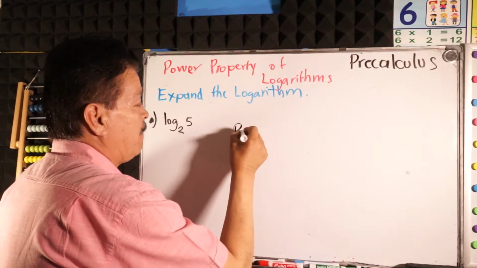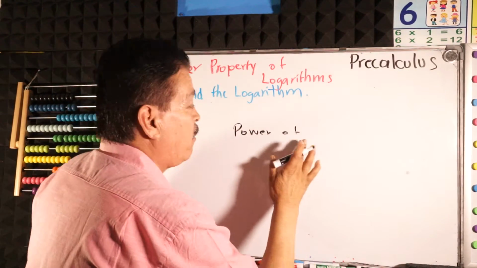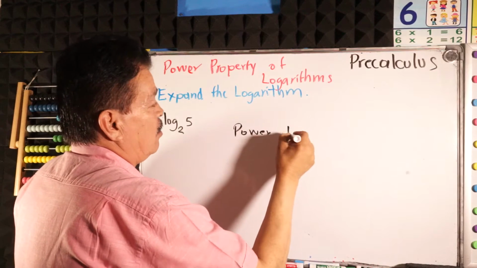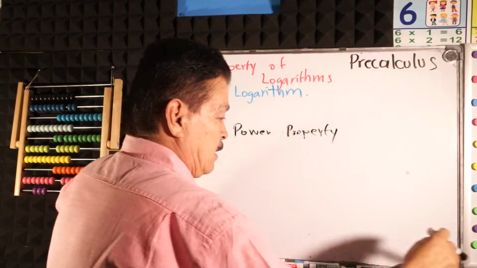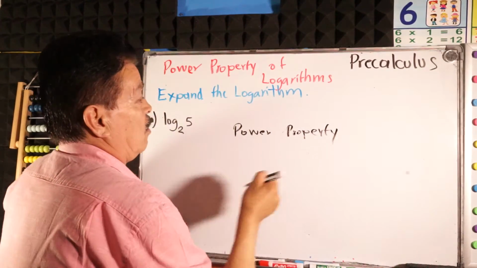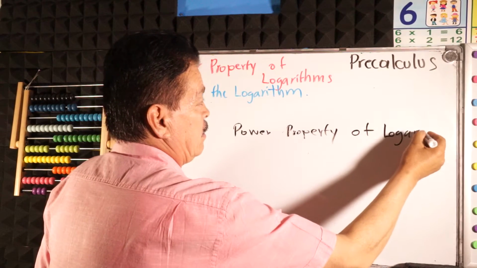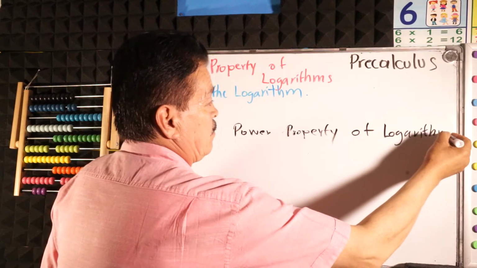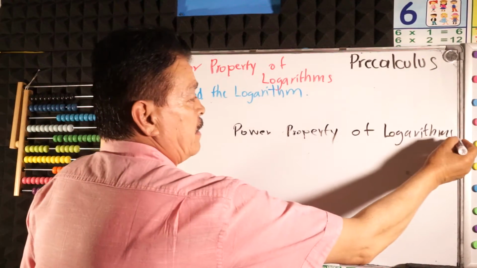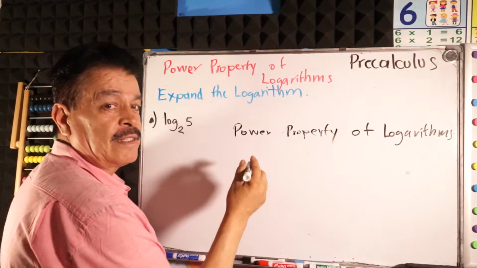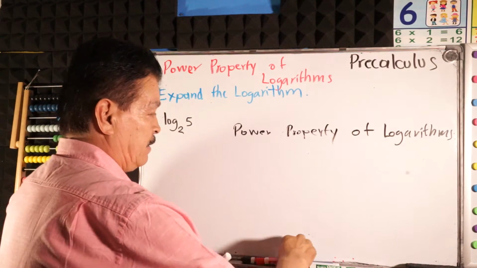So, power property of logarithms. This means the rule when you write it something like this.